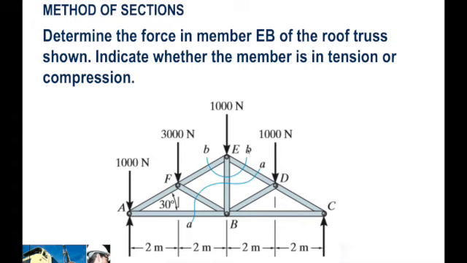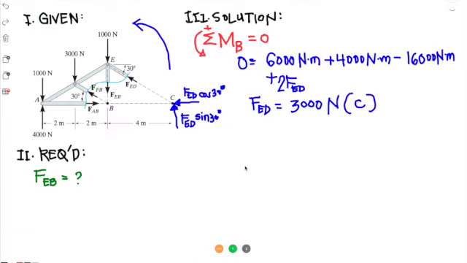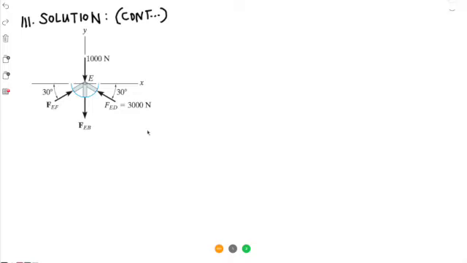We need to pass another plane BB to isolate joint E. So it looks like it will become a method of joints. So in method of joints, you're only involving summation of forces X and Y. Okay, we previously solved that FED is 3,000 newtons and it's compression towards point E. So this is our solution now. This is our unknown right here.